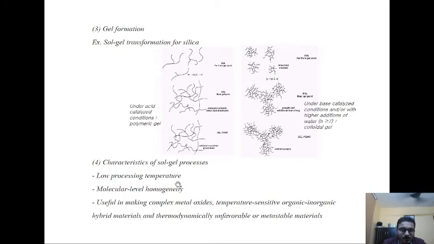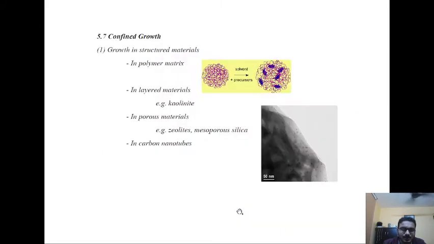That is, low processing temperature and molecular level homogeneity. It is useful in making complex metal oxides, temperature sensitive organic inorganic hybrid materials, and thermodynamically unfavorable or metastable materials. So these are the characteristics of sol gel processes.